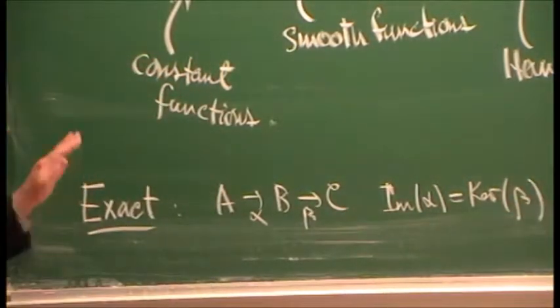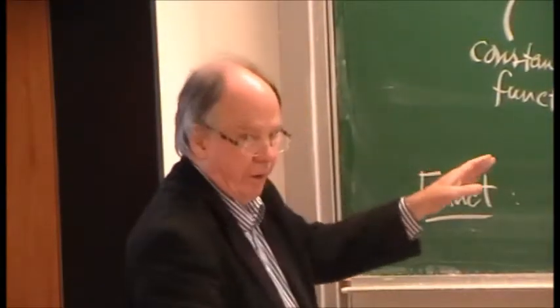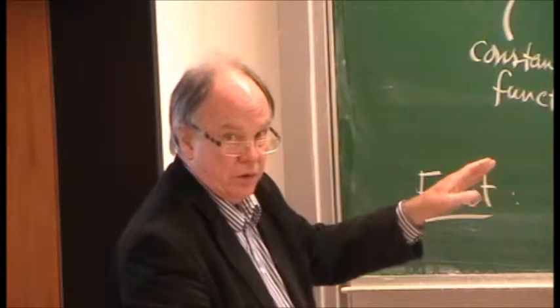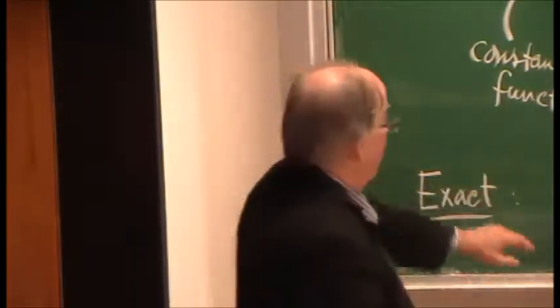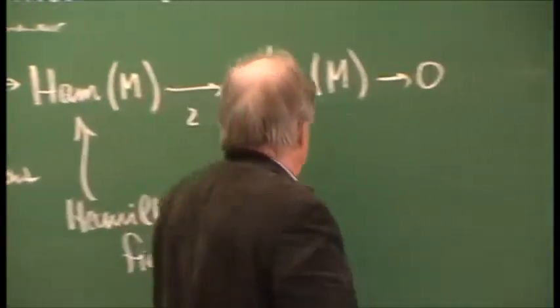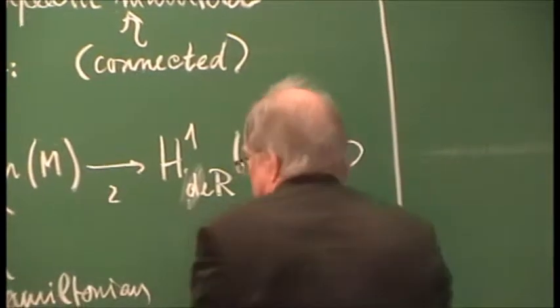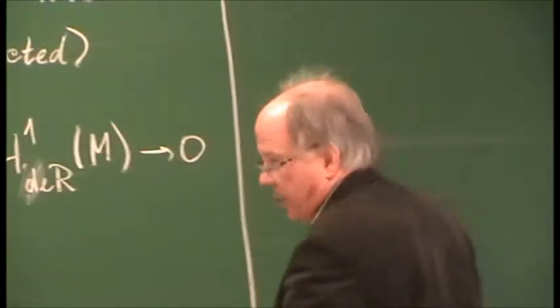So as you move along the sequence, you're discussing every image and every kernel. That's very important, because you're seeing what happens. So let's start looking at what all these letters mean, and then I will explain exactly all the maps.